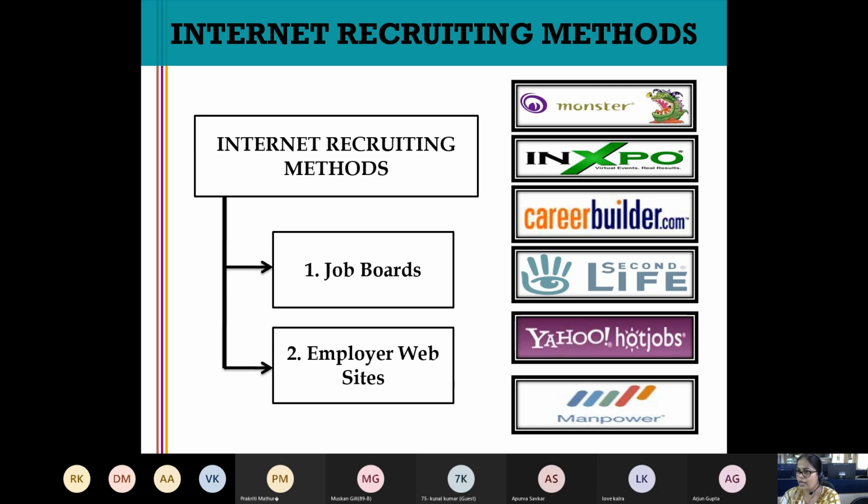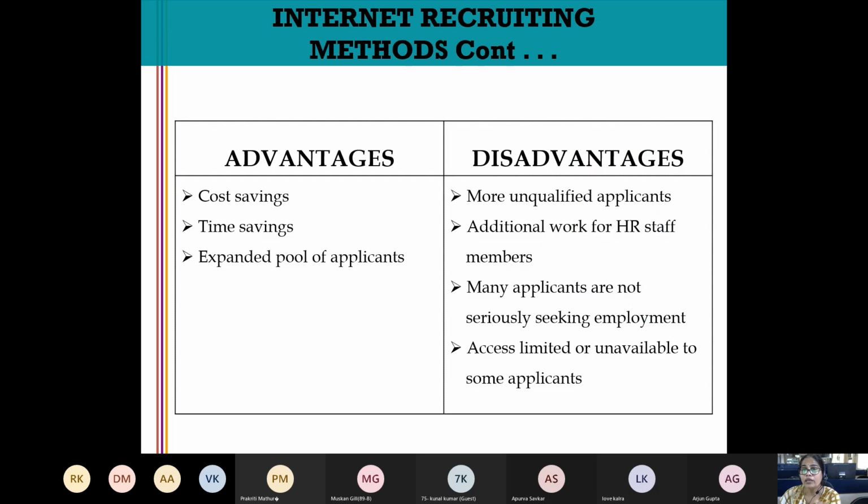Every organization has a career tab, and people visit their websites and upload their resumes. This is what Monster.com wants.